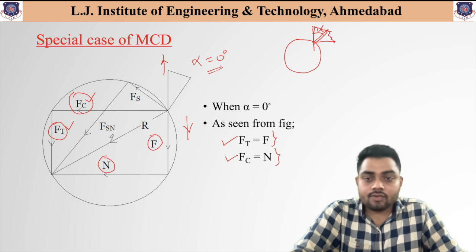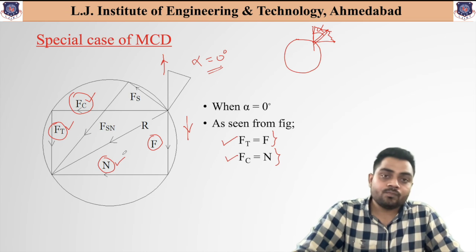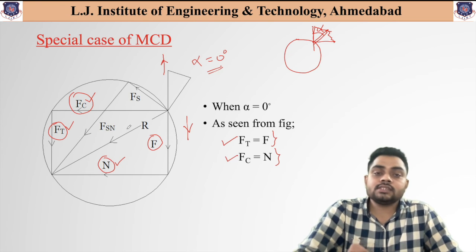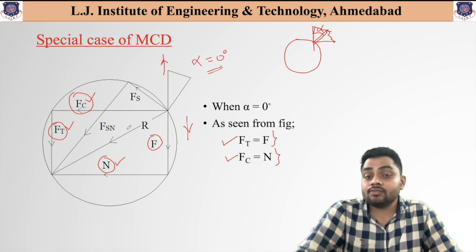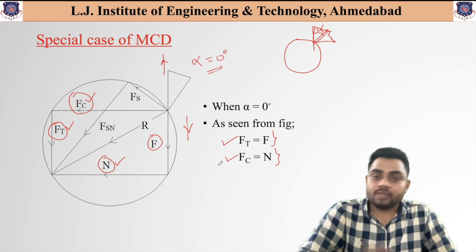Similarly, the cutting force and the force normal to the frictional force also remain the same. So this is the special case when alpha is 0 degrees: you directly know that the thrust force gives the frictional force and the cutting force gives the normal force.